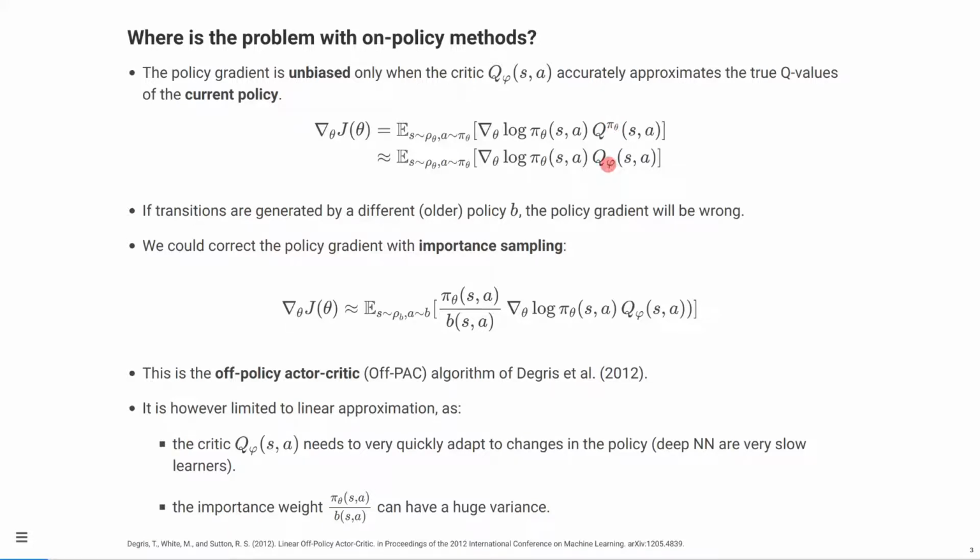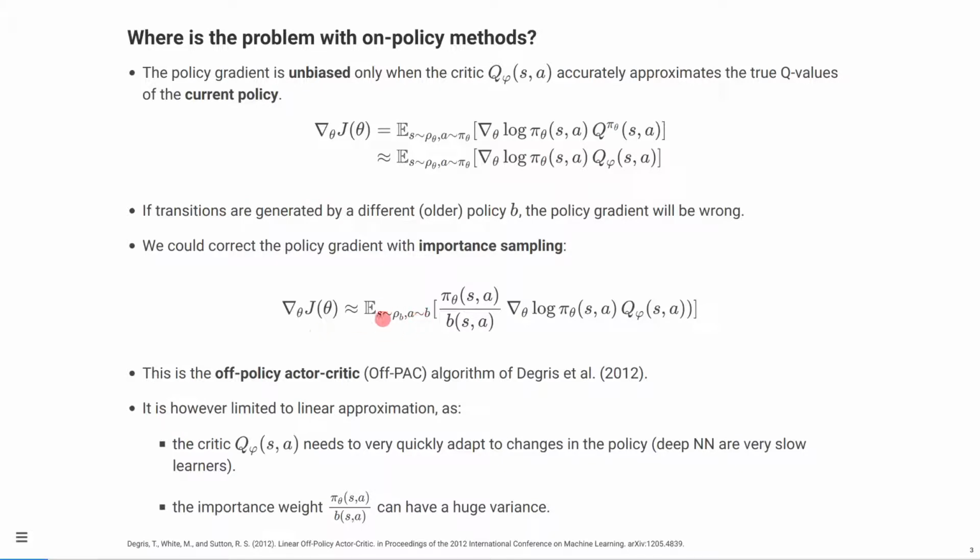If you're training the critic on transitions that are not chosen by the current policy, then you are going to introduce a bias in these estimations, and that's going to destroy your policy gradient. It will become biased, and the actor may not converge. So it's really the same policy that must be used to train the critic. You cannot sample from a behavior policy like in off-policy methods.